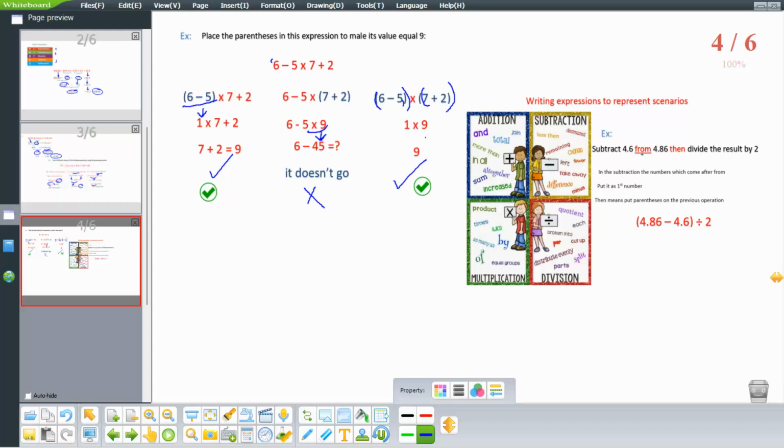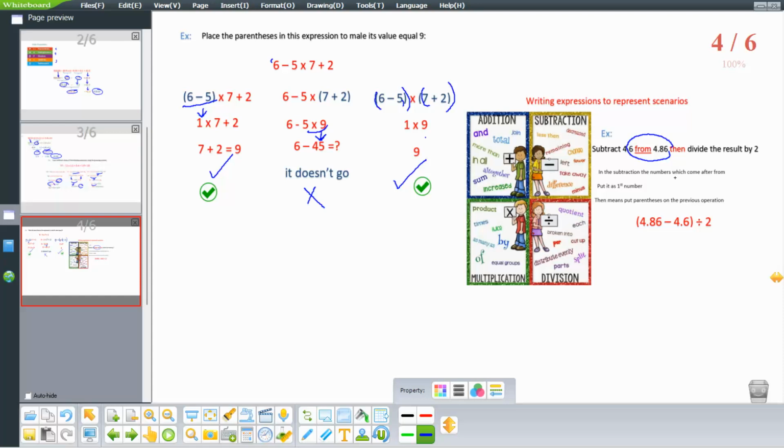At first, if we have a number subtracted from another number, it means the number which comes after "from" is put first. So we are going to write it like 4.86 minus 4.6. Okay, then we divide the result.